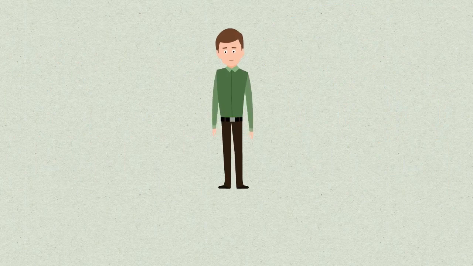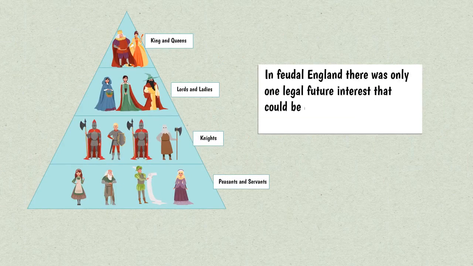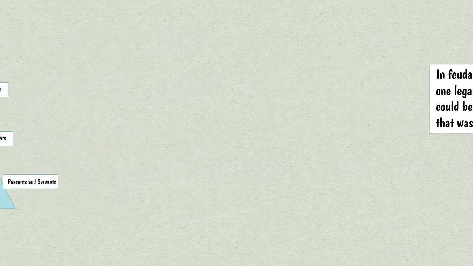As future interests go, the executory interest is the Johnny-come-lately of the bunch. To see how executory interests came about, we have to trace a bit of English legal history. In feudal England, there was only one legal future interest that could be created in a grantee, and that was a remainder.